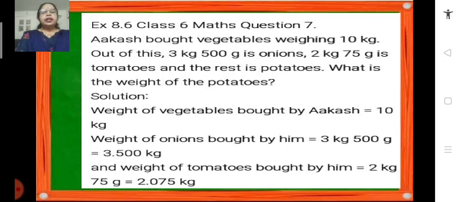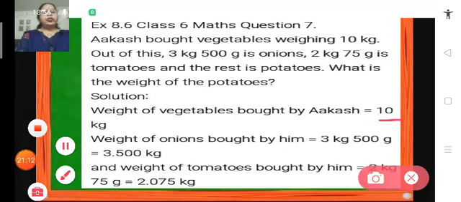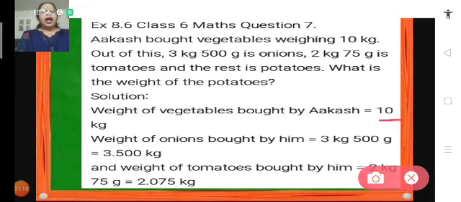The total weight purchased by Akash is 10 kilograms, isn't it? And the weight of onions is 3 kgs 500 grams, that means it can be written as 3.500 kg. And the weight of tomatoes bought by him is 2 kg 75 grams, that means it is 2.075 kg.